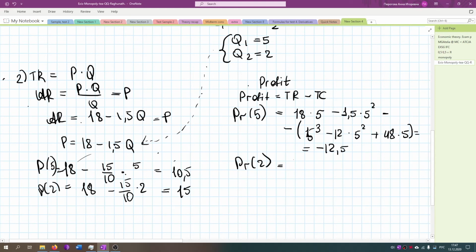And now let's compute profit if the quantity is equal to 2, so it will be 18 multiplied by 2 minus 1.5 multiplied by 2 in the second power minus 2 in the third power minus 12 multiplied by 2 in the second power plus 48 multiplied by 2.